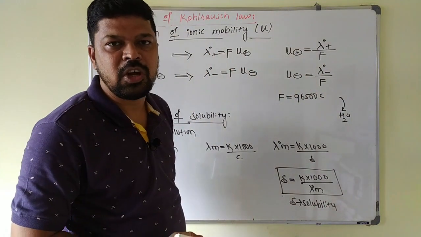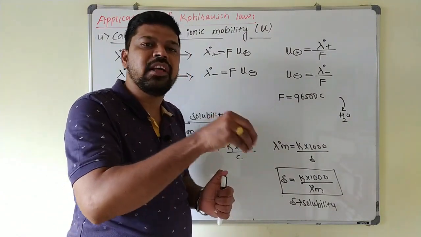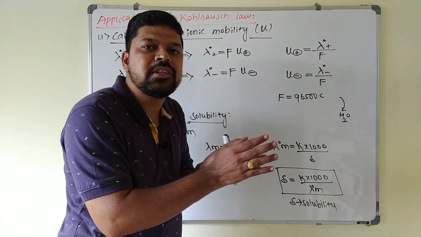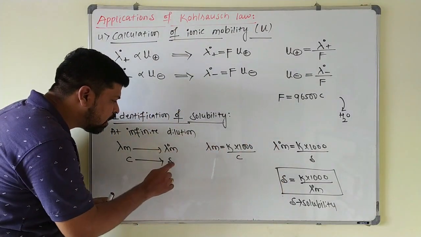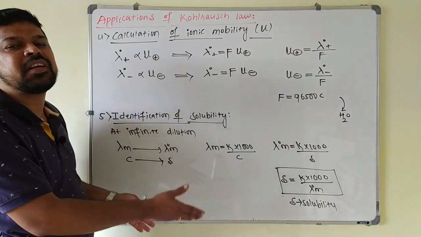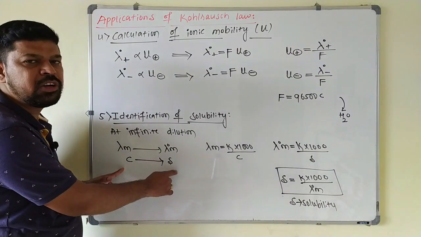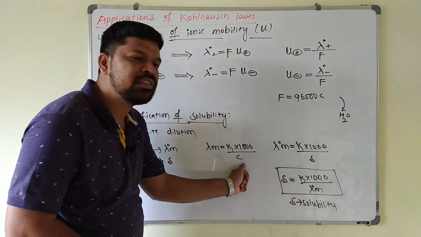first it undergoes solubility. It undergoes what? Solubility means it will be dissolved in the water. How much amount of electrolyte is dissolved in the water? Only that much amount will be ionized. So here at infinite dilution 100% ionization takes place, means it is 100% soluble here. So it is 100% soluble means concentration can be directly taken as what? Solubility. So for molar conductivity, the formula is concentration you will take.